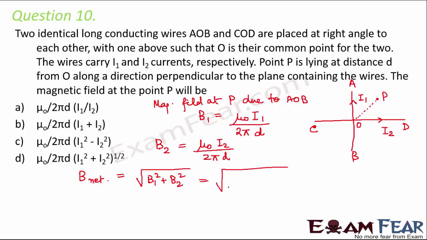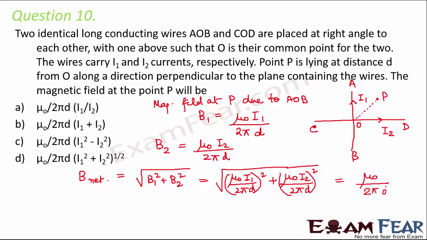So this will be equal to root over mu naught I1 divided by 2 pi d whole square plus mu naught I2 divided by 2 pi d whole square. So this will be equal to mu naught divided by 2 pi d root over I1 square plus I2 square. So D is the correct option.